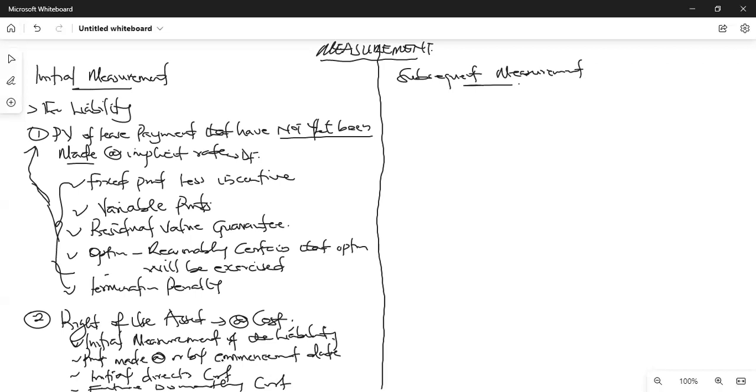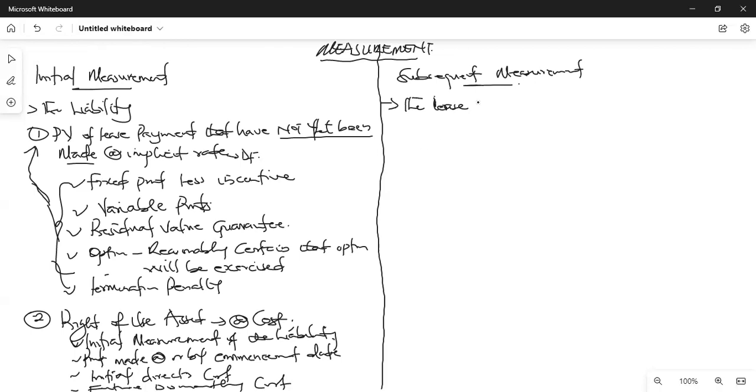Before we talk about the subsequent measurement, I want to bring up some issues, a key one of which is the lease term. We are going to go through the subsequent measurements by determining the things that will appear in the P&L and the statement of financial position.